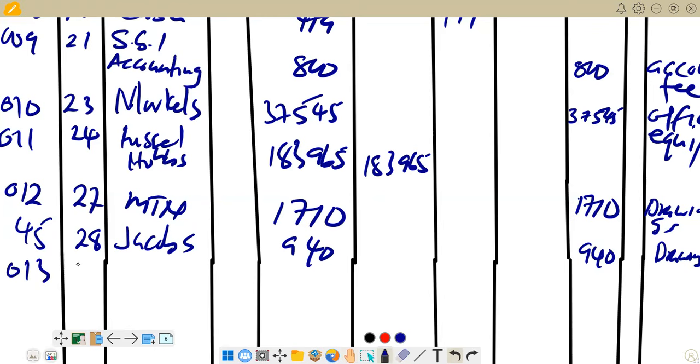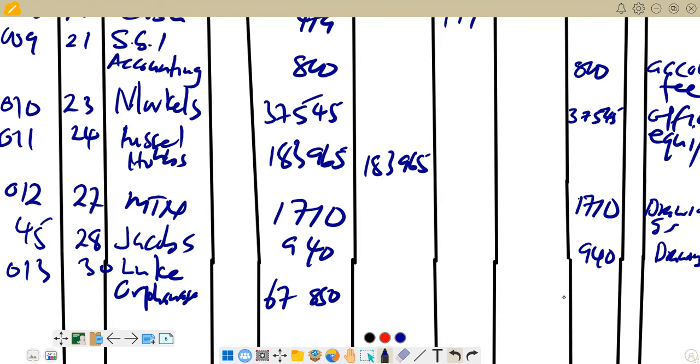The date there is 30. And the payee, remember, we're saying Look Orphanage. And then the amount is 67,850. This is a donation, so it's going to go under sundry accounts.